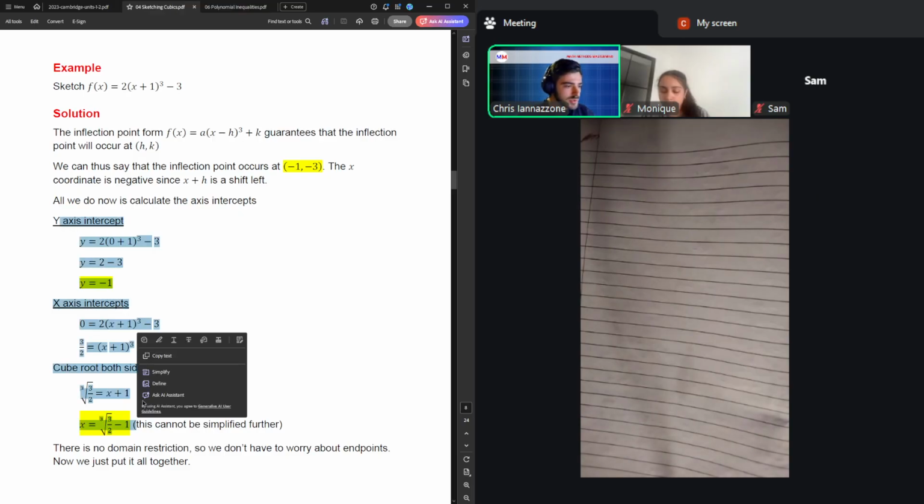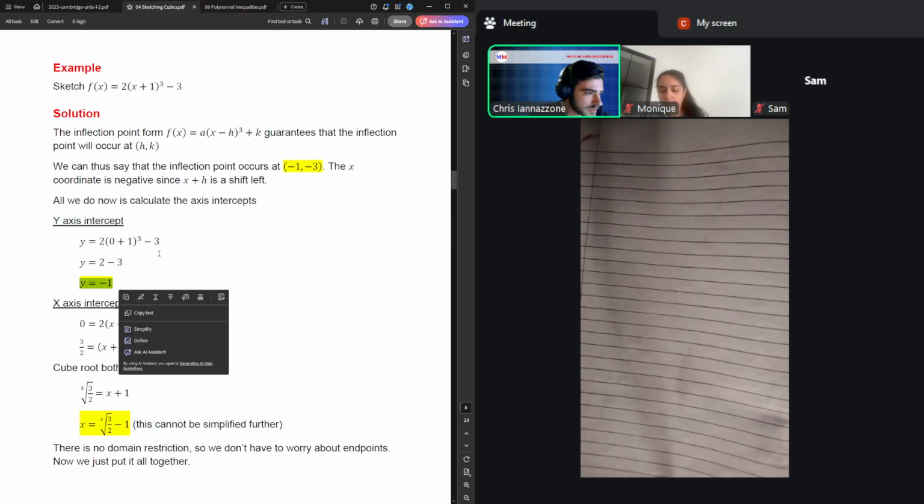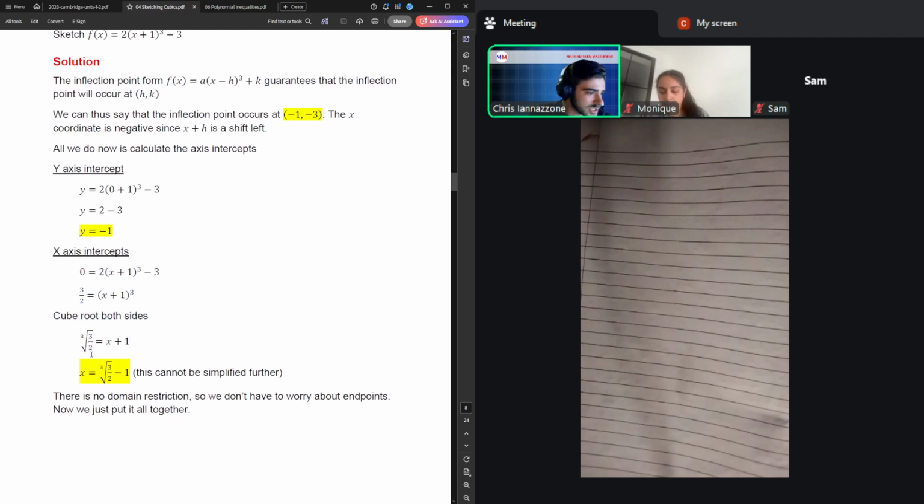Axes intercepts are also quite simple. You're solving those, again, very similar. Setting x equals 0 and y equals 0, respectively. Y-axis intercept, you do x equals 0, simplify, simplify, simplify. There's your intercept. X-axis intercept, y equals 0. This one's a touch harder to do because now you're doing the cube root of a number as opposed to the square root like you would be used to for quadratics.